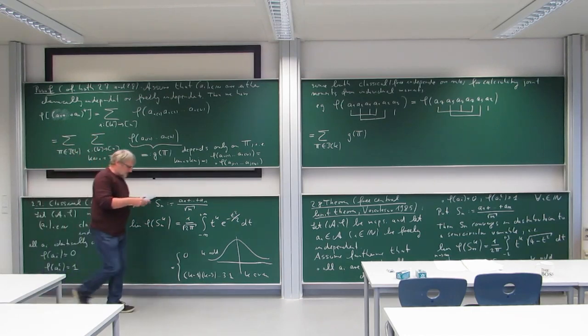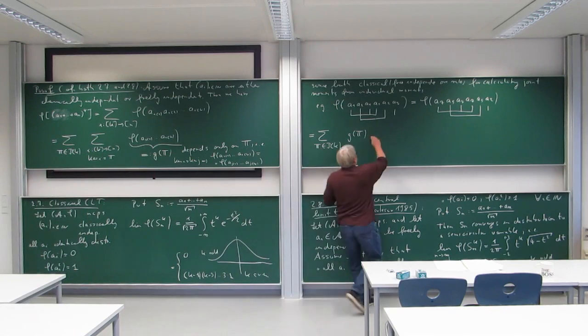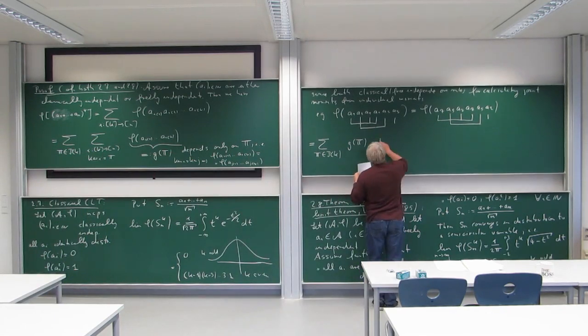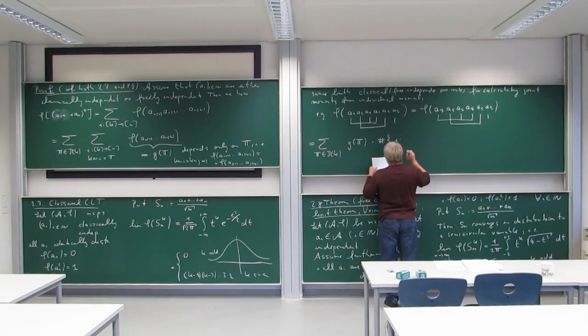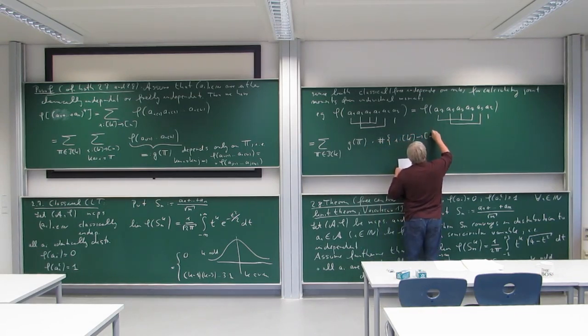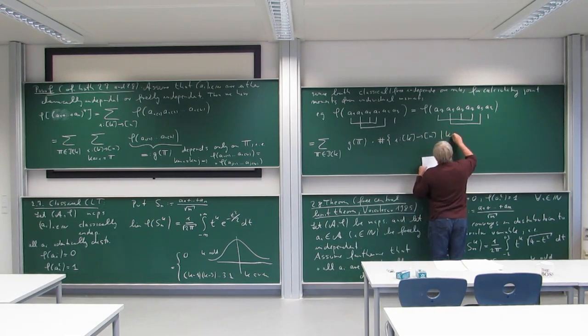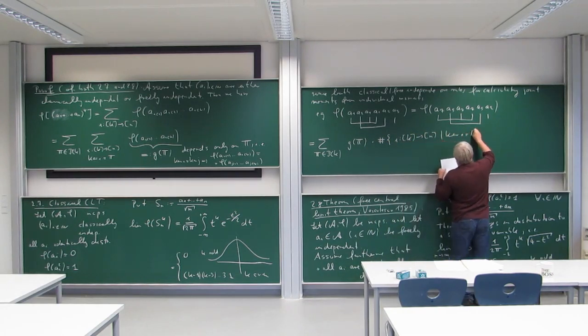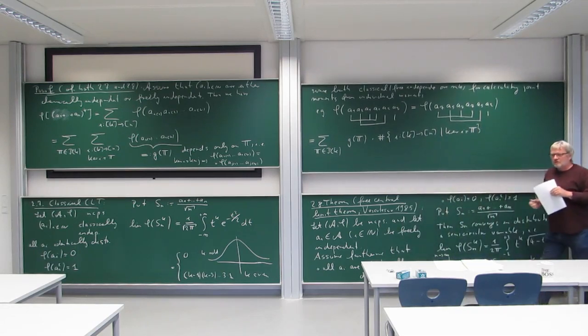So this is times the number of multi-indices I, functions from k to n, for which the kernel of I is the given pi. Okay.